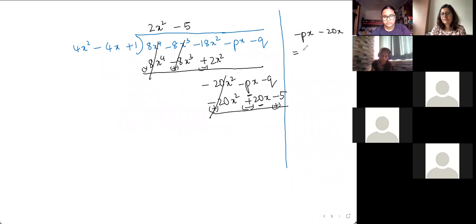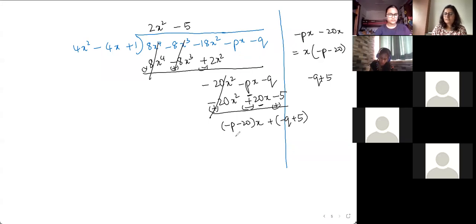So this will be equal to, if I take x common, minus p minus 20. So just put that here, minus p minus 20 into x. And here, what are you doing? We have minus q and below you're doing plus 5. Plus, put it in brackets, minus q plus 5. So this will be a remainder.